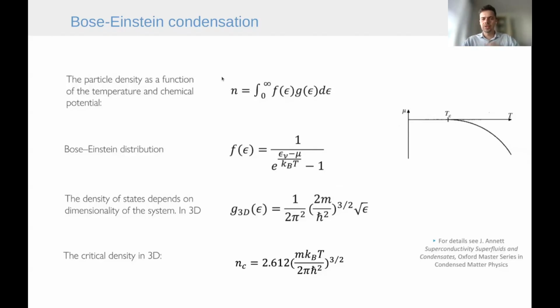So there will be some critical density above which we will never be able to go. And this critical density in 3 dimensions is given by this formula, which is dependent on the temperature.